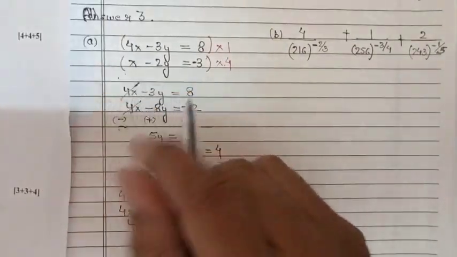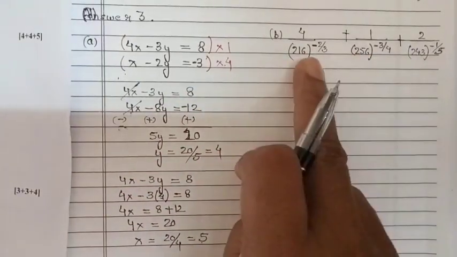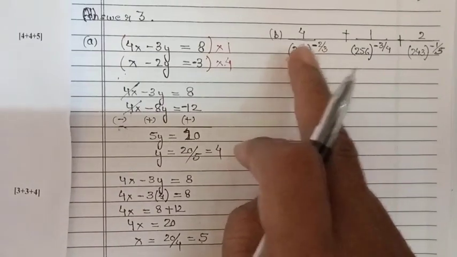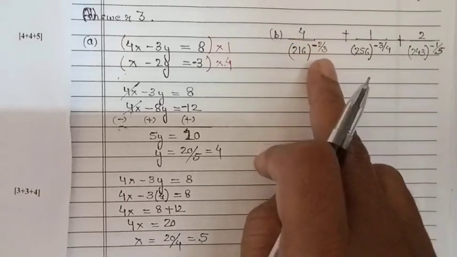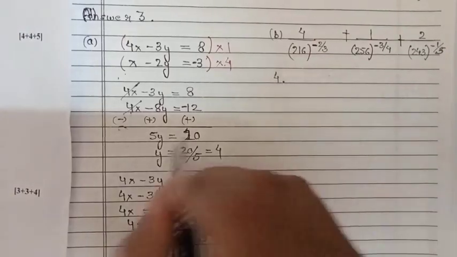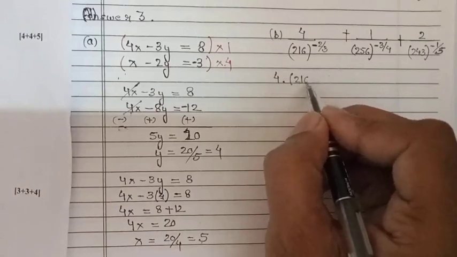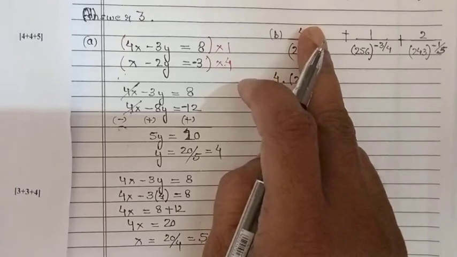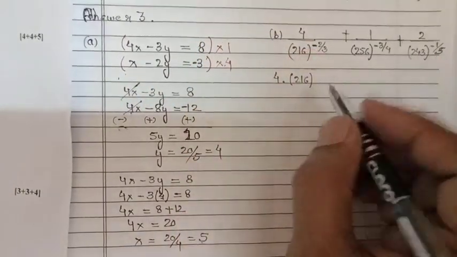Now how will we simplify it? First of all, you can see in all three terms the denominator has a negative power. So for a denominator having a negative power, you transfer it to the numerator and the sign of the power gets reversed. So it will be 4 into 216, transferred to the numerator place, and as you transfer a term from denominator to numerator or from numerator to denominator, the sign of the power will change.